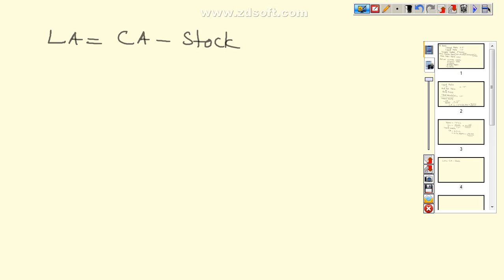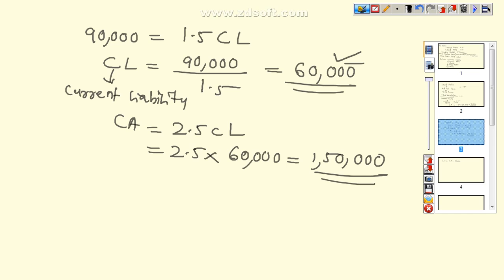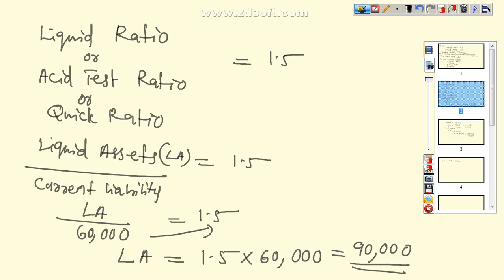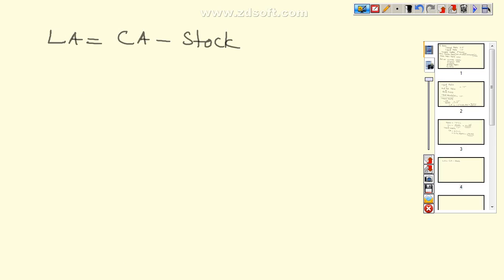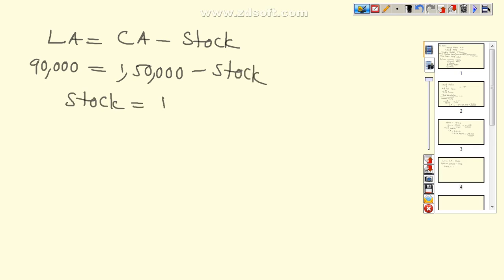Liquid asset is 90,000, which is equal to current asset, that is 1,50,000, minus stock. From this we can calculate the value of stock, that is equal to 1,50,000 minus 90,000, that is equal to 60,000.